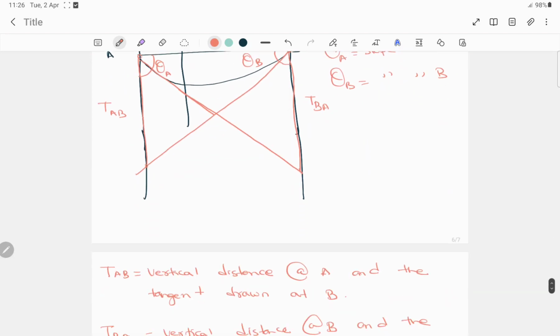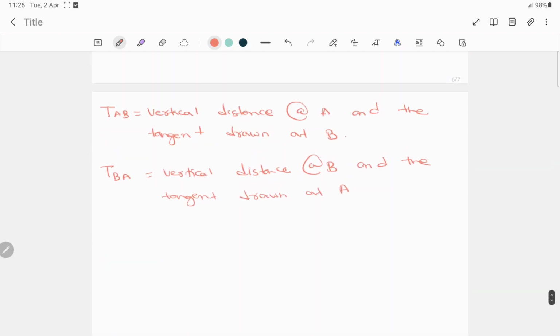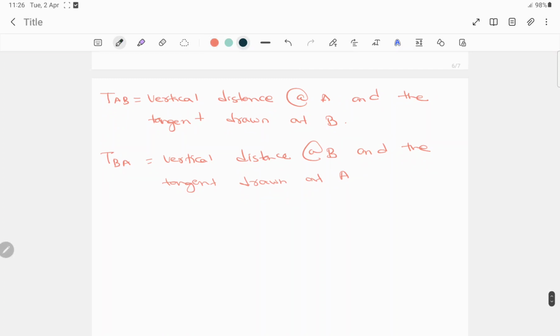So first we'll find the TAB value, this value. To get the TAB value, see, before starting with this I'll draw one.